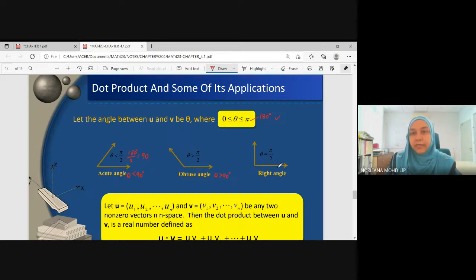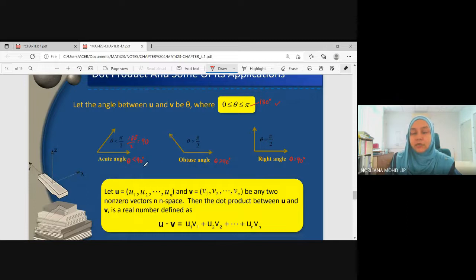And for a right angle, theta is equal to 90 degrees. You have to recognize these.